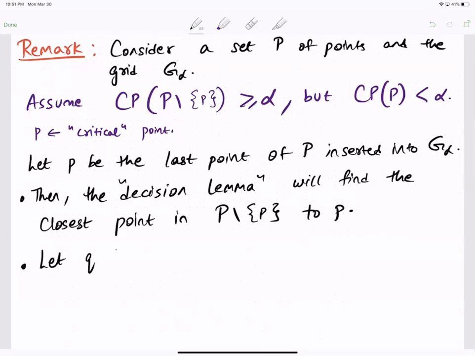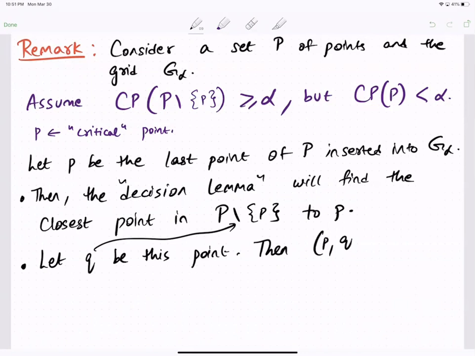Let q be this point, then (p, q) is the closest pair in P. As I said, p has to participate in the closest pair and it's finding the point closest to it, which is q.